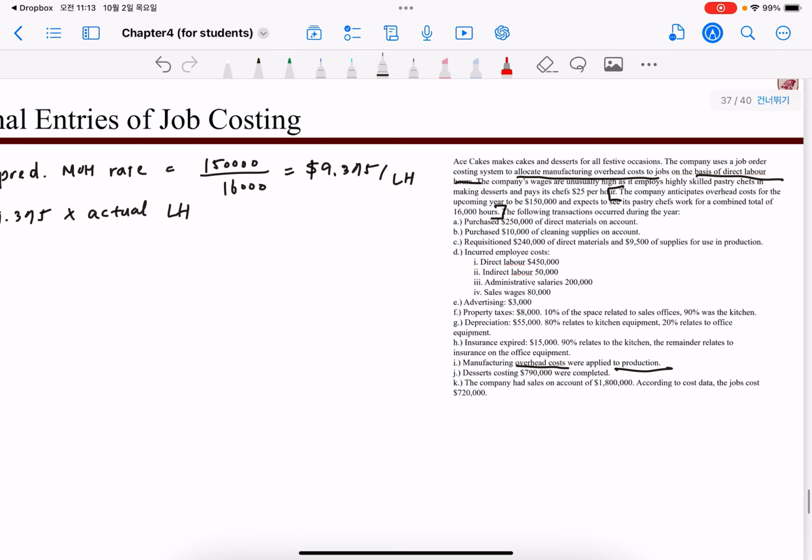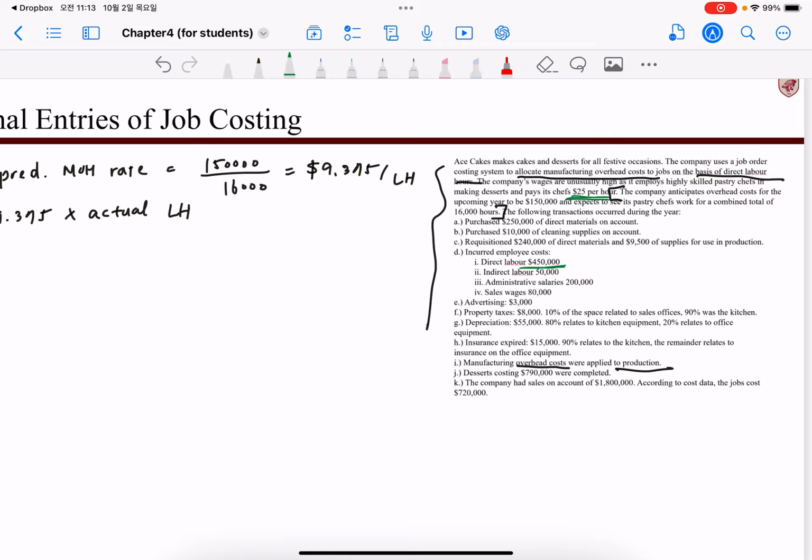And if you see the question, there is no direct labor hour that we can observe, but indeed we can use two different numbers, which is essentially the wage rate and the total labor cost.